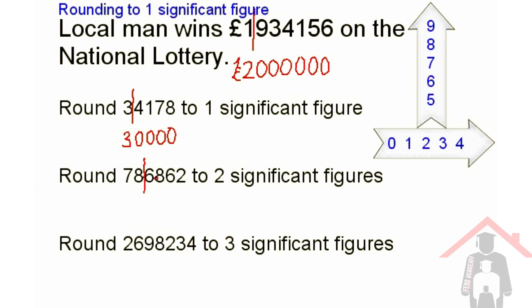Because this figure is 5 or more, this is going to go up. For this one, I'm going to count 3 figures from the left and draw my line down. Because this figure is 5 or more, this is going to go up. 269 goes up to 270. Then I fill in with zeros.